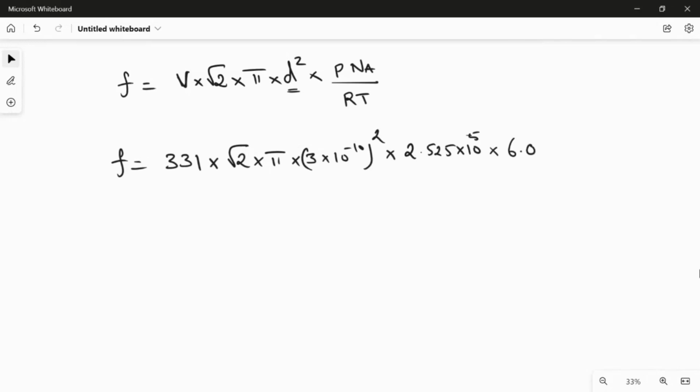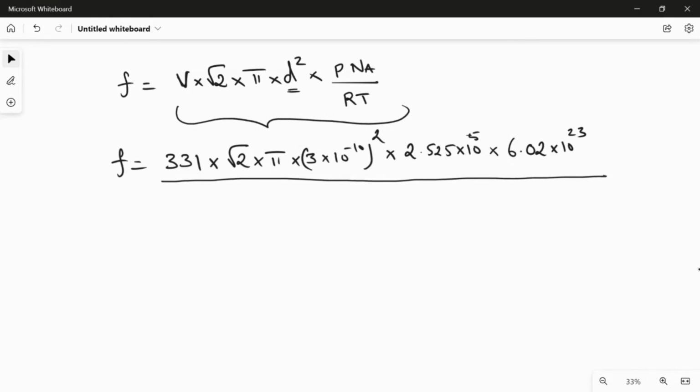It's a constant, 6.02 multiply 10 power 23, divided by, because everything else is in multiplication form here, the gas constant 8.314 multiply the temperature, which is 273 Kelvin.